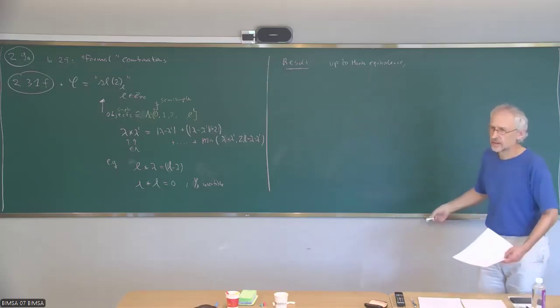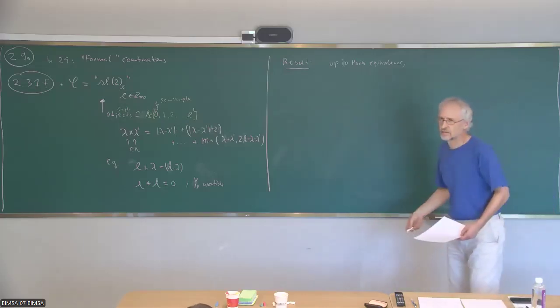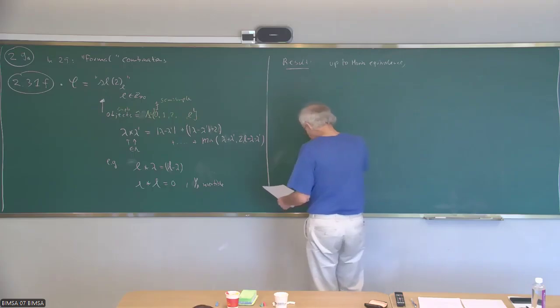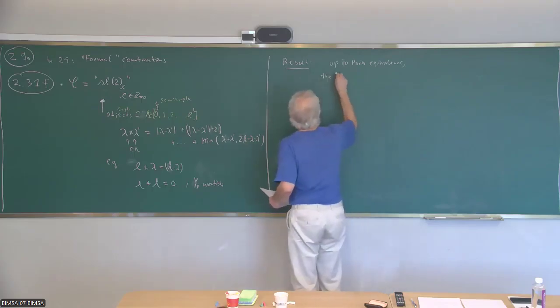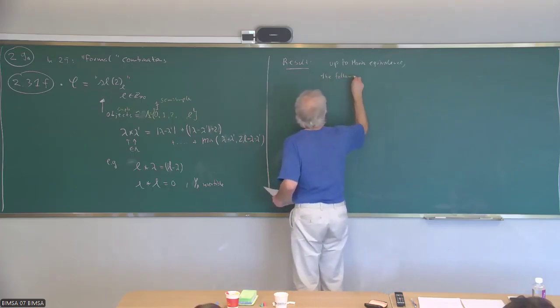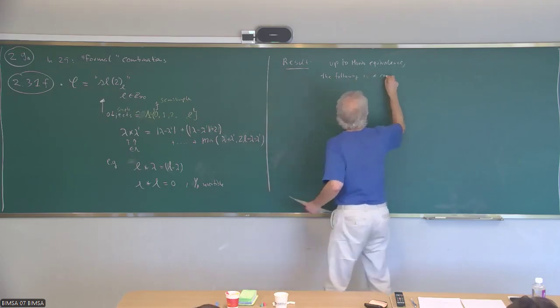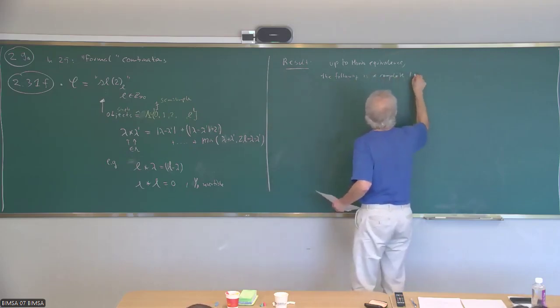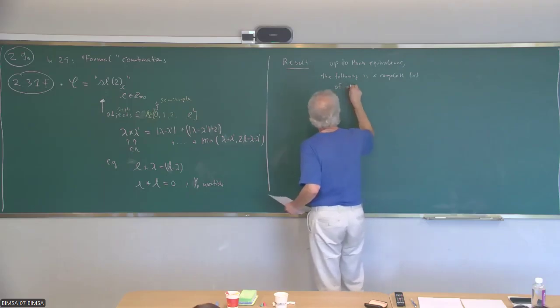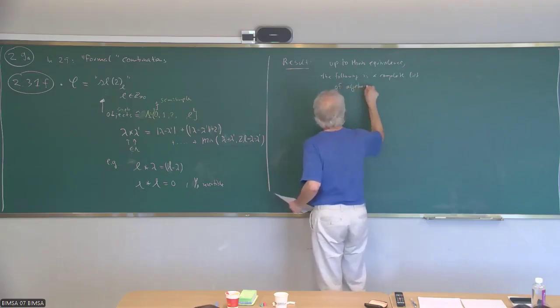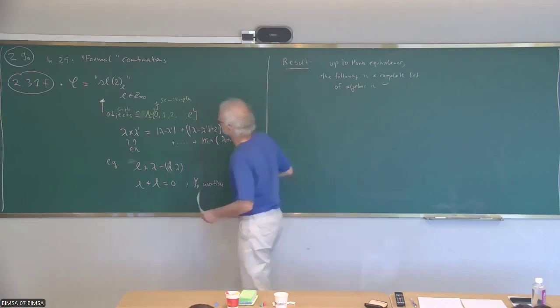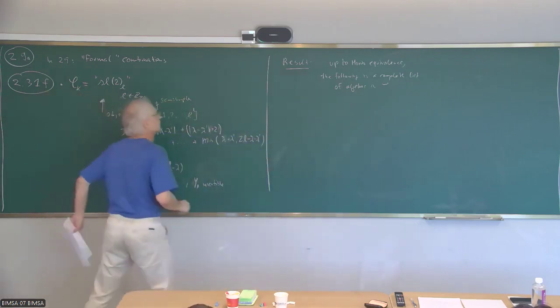I think most of you know that, and I think we don't have time to do it. The following is the complete list of algebras in this category. Let me call it C_K.